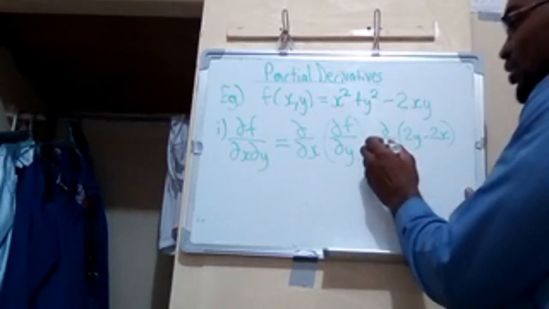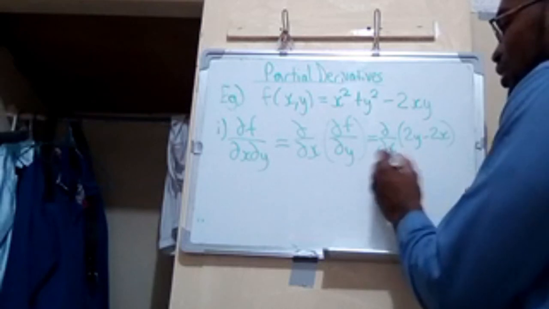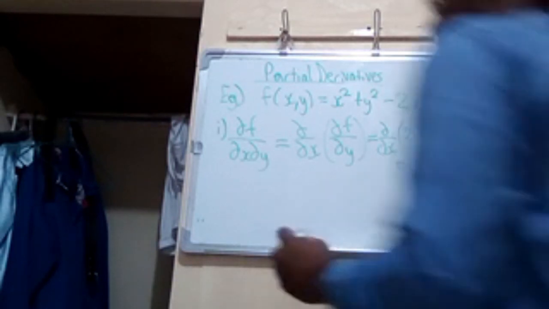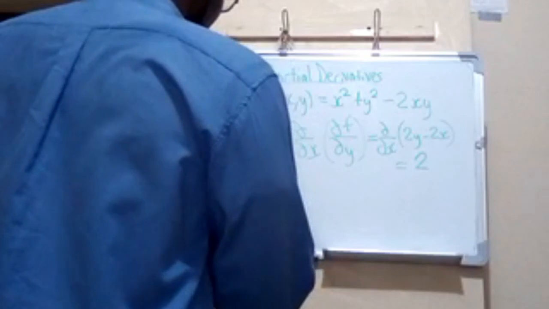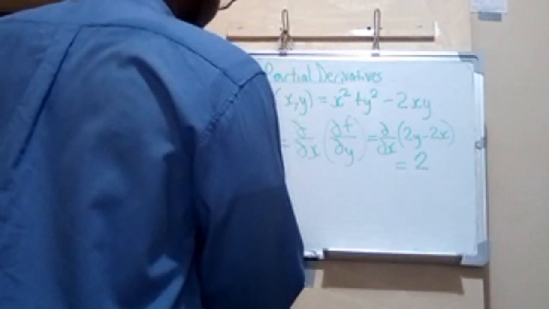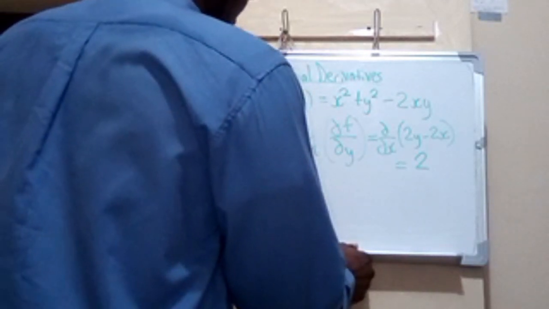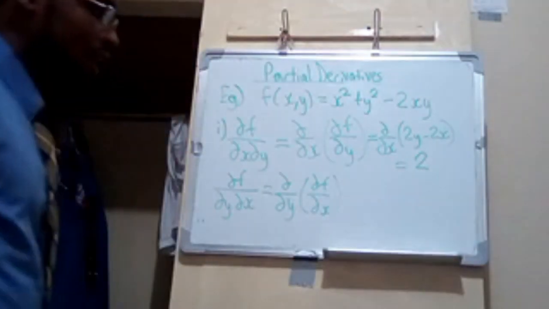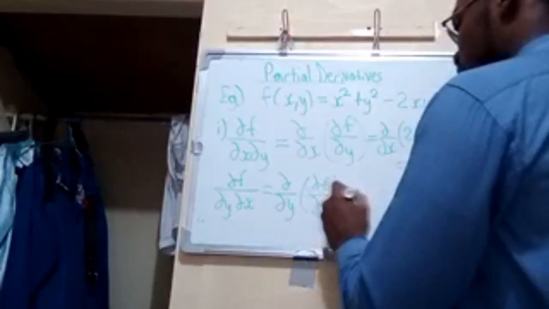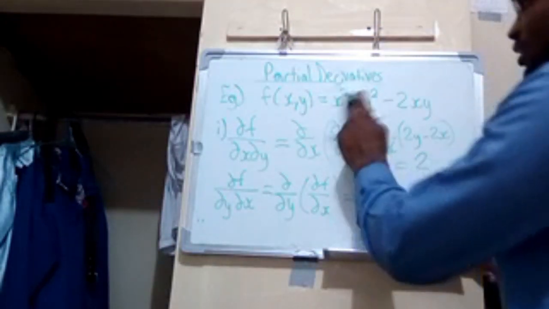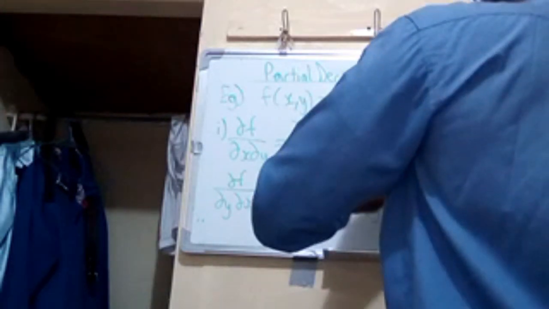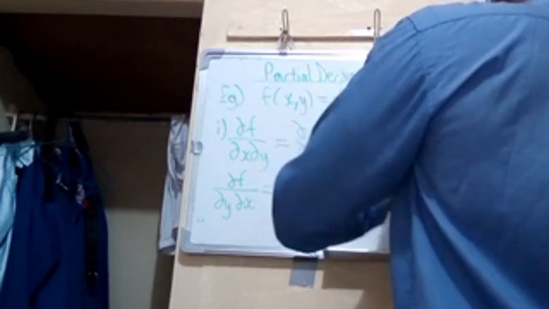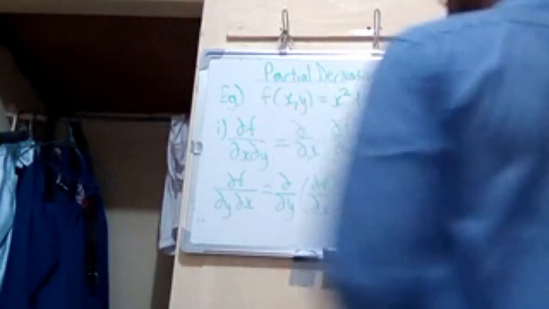Differentiate this now, and we get 2. Now let's find ∂²f/∂y∂x, that's equal to ∂/∂y of ∂f/∂x. ∂f/∂x is 2x minus 2y, which works out to be equal to 2.